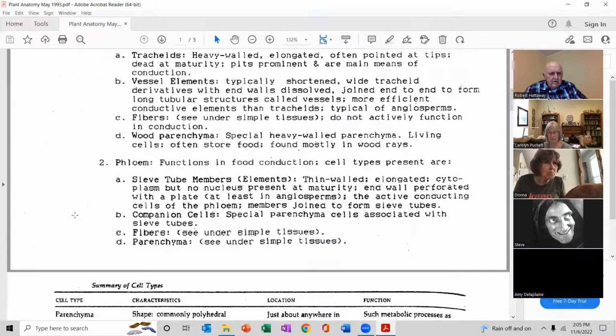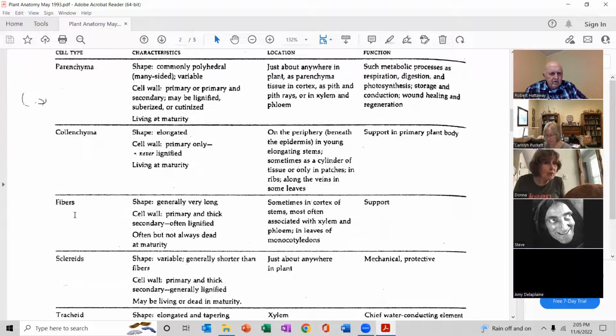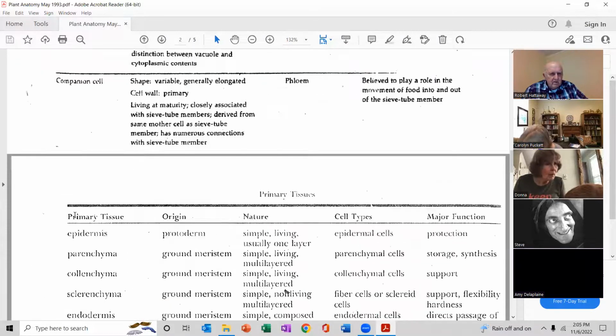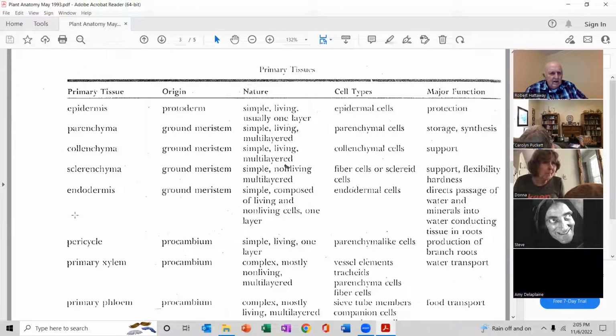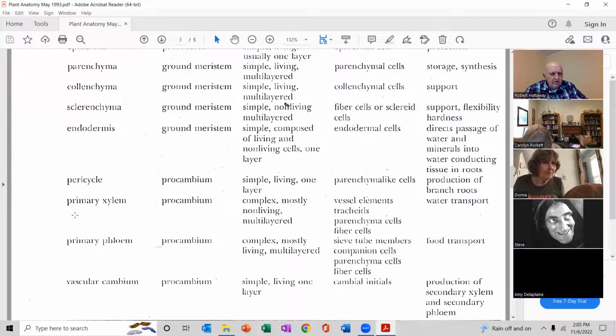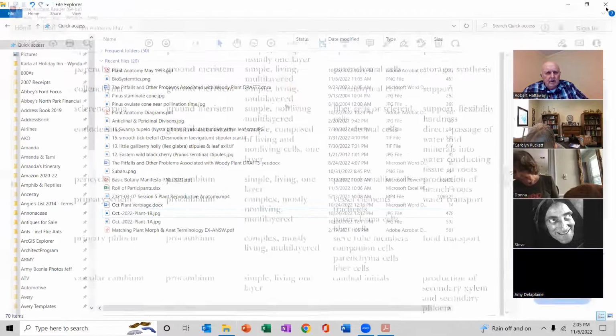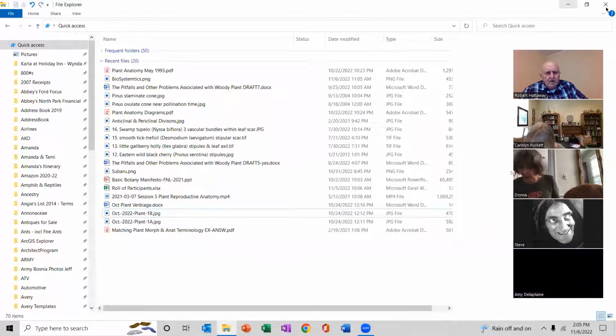That was a particularly good handout. There's endodermis, and pericycle is in there too. But when things are electronic, you tend to lose sight of the tools I gave you, so that sometimes is a problem.